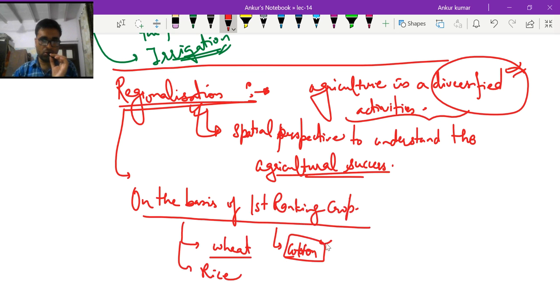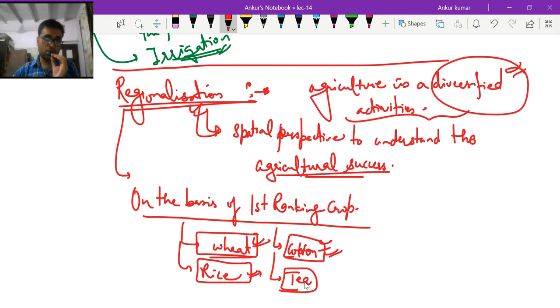For example, in the Gujarat Maharashtra region, the primary crop is cotton. In the green belt region of Punjab and Haryana, the main crop is wheat. Similarly, in eastern UP and Bihar, the main crop is rice. Similarly, tea is grown in Kerala and the regions bordering Kerala, Karnataka as well as Assam. So on the basis of the first ranking crop, we can divide the different regions of India.